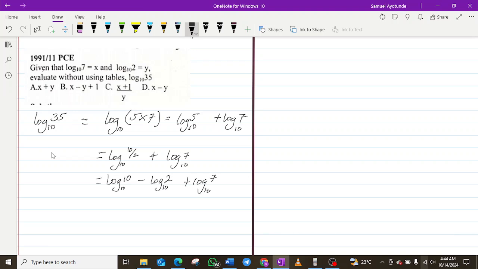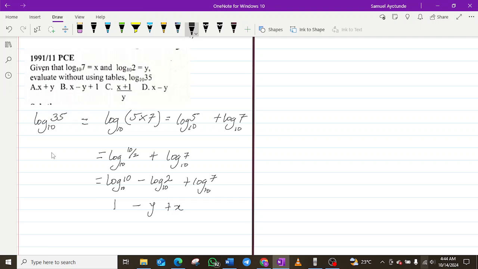So we can go ahead to do our substitution now. From what we have, log 10 base 10, when the base and the argument are the same, the answer is 1, minus log 2 base 10 is y, then log 7 base 10 is x, so we have plus x.